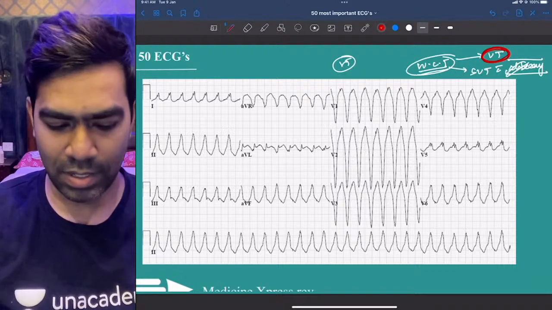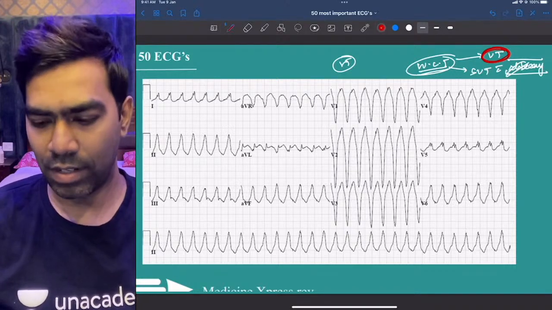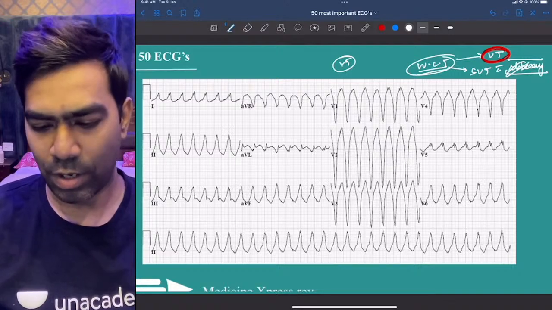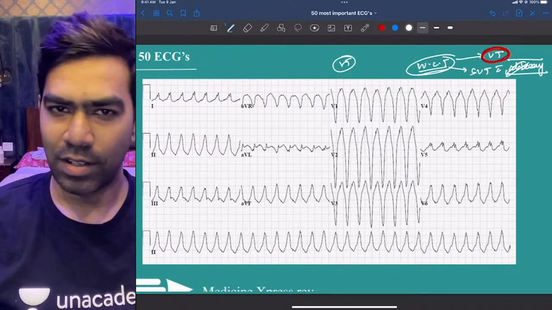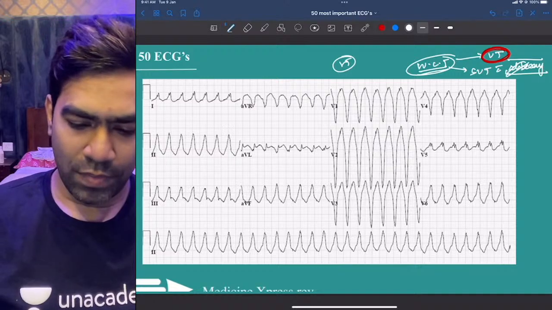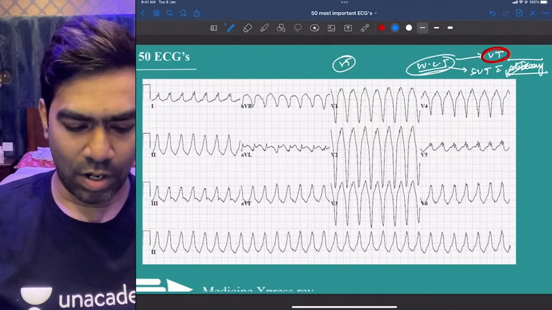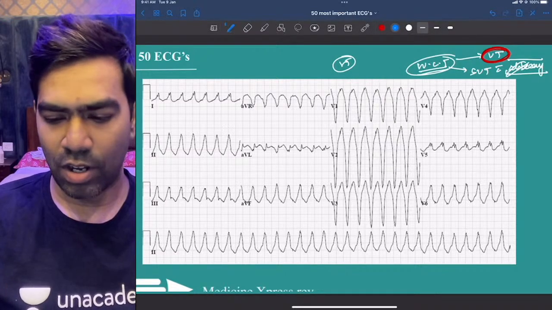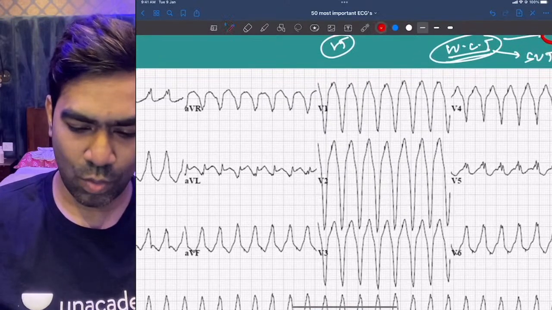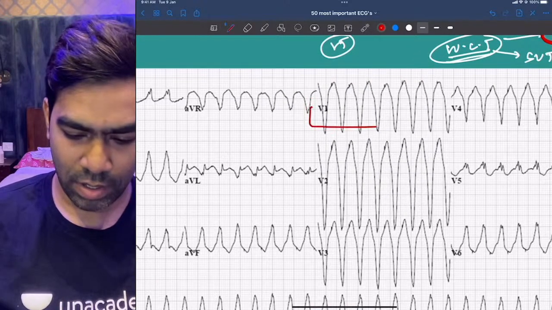I mean, SVT with aberrancy is too much for NEET PG level, so I'm not going to teach you here. Anyway, this is a wide complex tachycardia that is very much suggestive of a ventricular tachycardia. I told you this is a VT, but is this a monomorphic VT, or is this a polymorphic VT? To understand that, look at one particular lead.